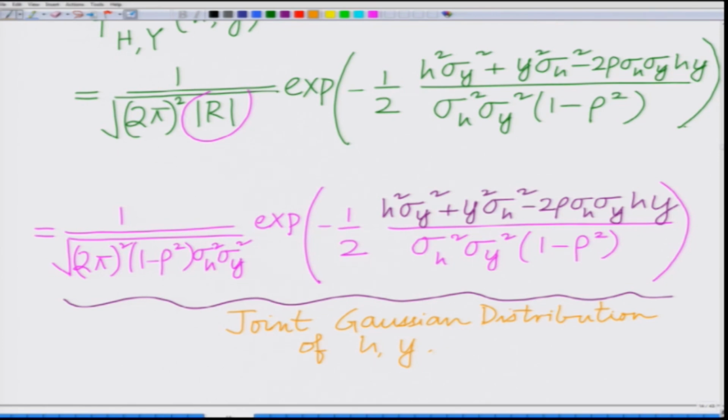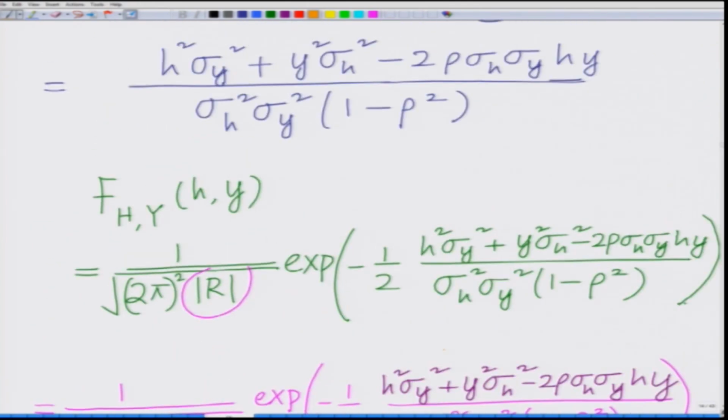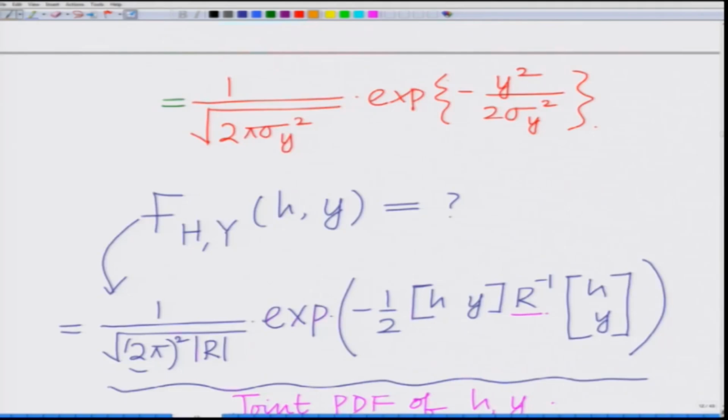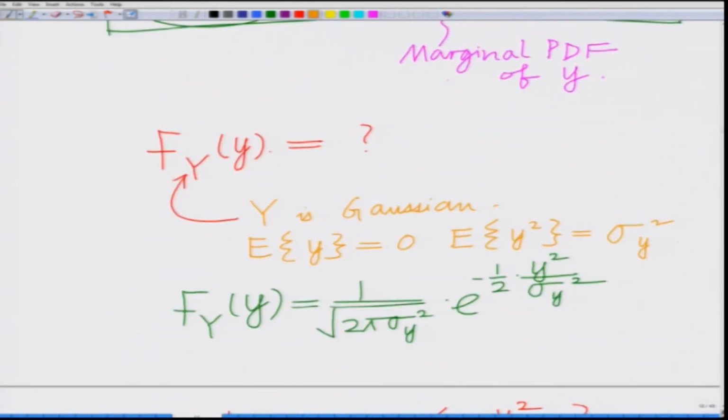Okay. Now we have the joint distribution of h and y. So we have two aspects: we have the joint distribution, and we have the marginal probability density function of the random variable y.